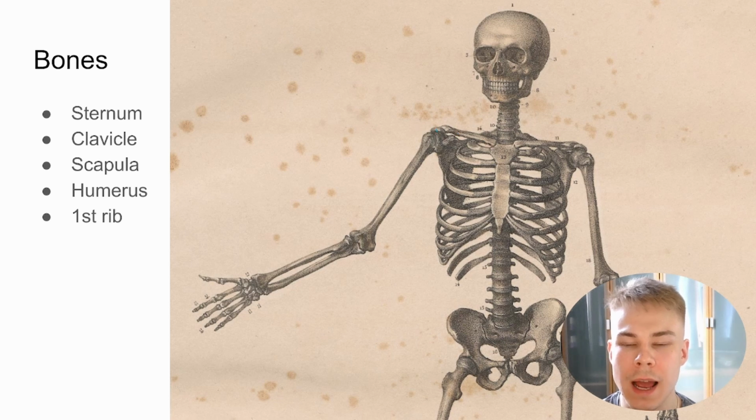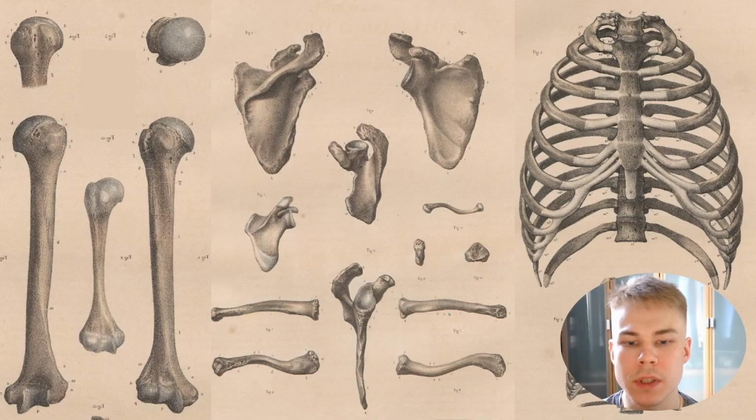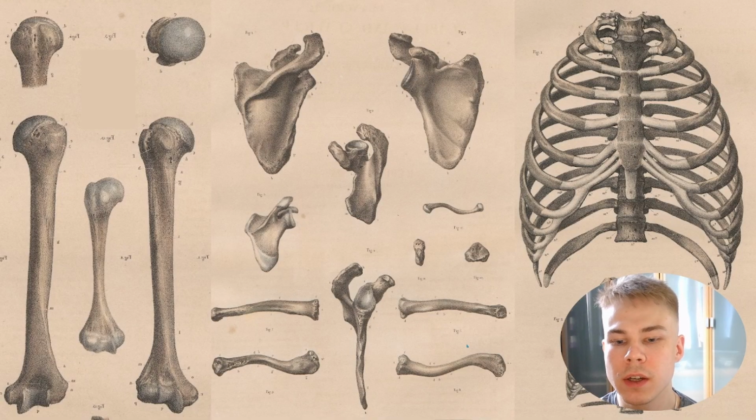So if we go back to this picture and we look at the clavicle and the scapula, together they form something called the shoulder girdle, which is the mobile base of the shoulder. So what happens is you've got the clavicle here with a sternal end and an acromial end. I believe it's that way around.